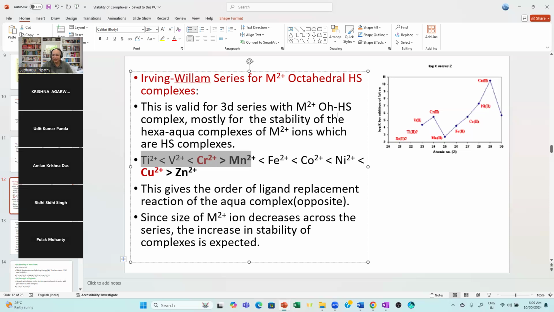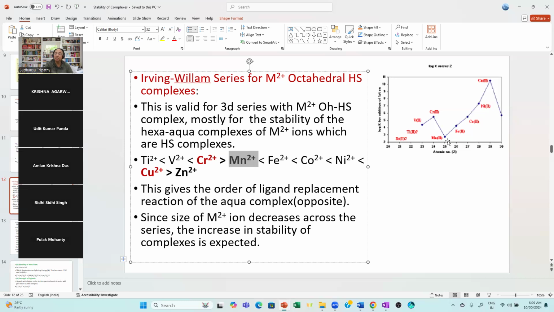How do you find? So this is the series: titanium 2 plus less than vanadium 2 plus. Chromium 2 plus is sitting at the hump. It is not only greater than vanadium 2 plus, but also greater than manganese 2 plus. Manganese 2 plus has even the lowest stability, lower than vanadium 2 plus, titanium 2 plus, because it has CFSE 0.